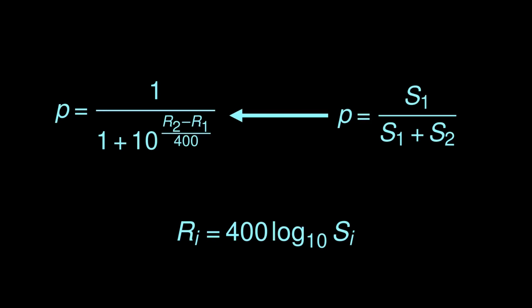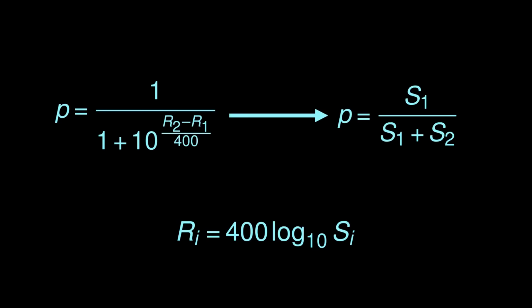Those correct ratings are simply the Zermelo model's player strengths taken to a base 10 logarithm and then multiplied by 400. Of course, those constants are arbitrary and can be changed so long as you also update the probability formula accordingly. The converse is true as well.